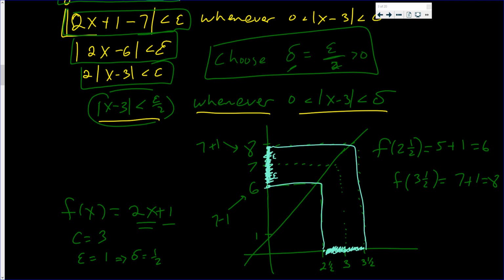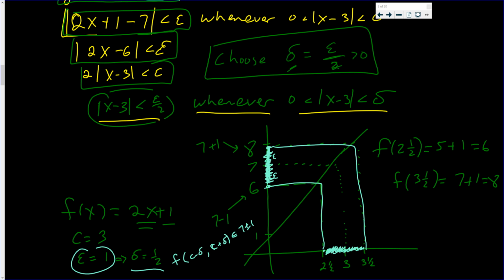And that's all I wanted to show. If I give you an epsilon, I can find a delta such that f of c minus delta up to c plus delta will be contained in 7 plus or minus 1, L plus or minus epsilon.